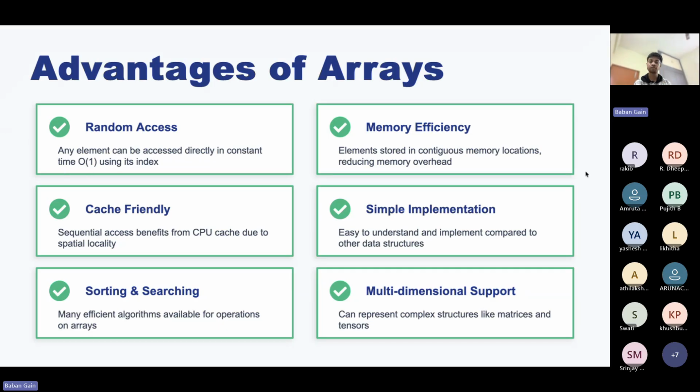What are the advantages of an array? The advantage of an array is that elements are stored in consecutive locations. Let's say I want to access the fifth element, and I know the first element is at location 1000.